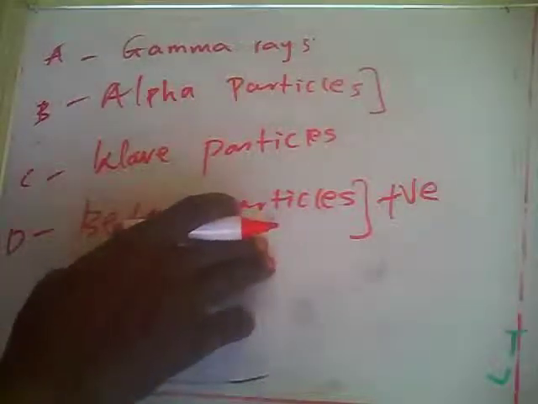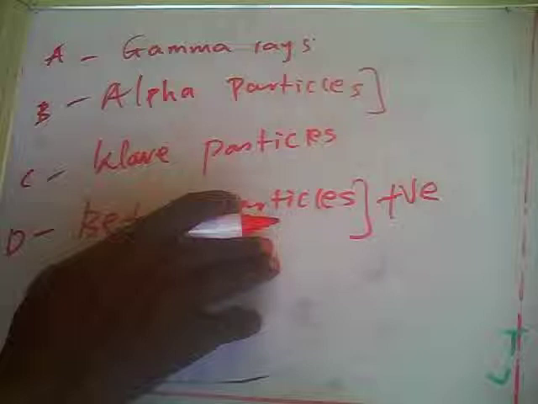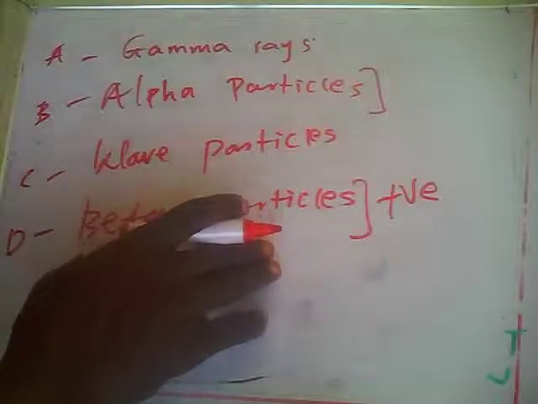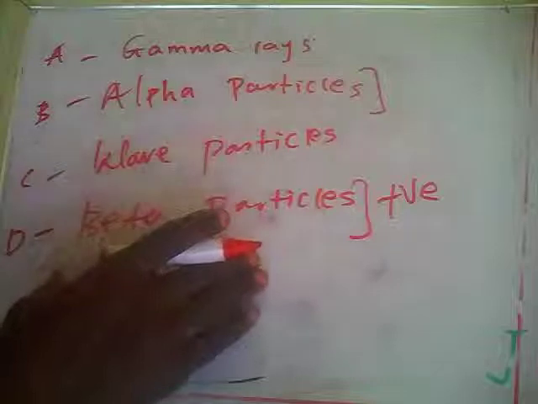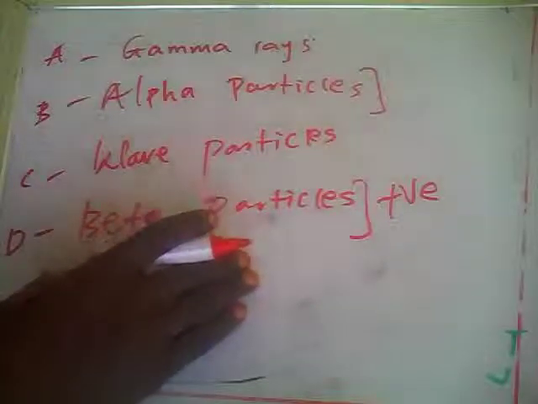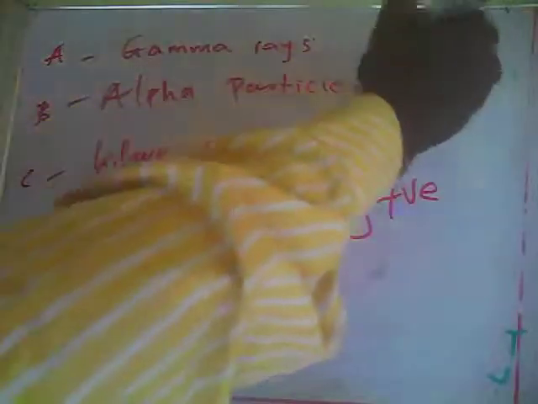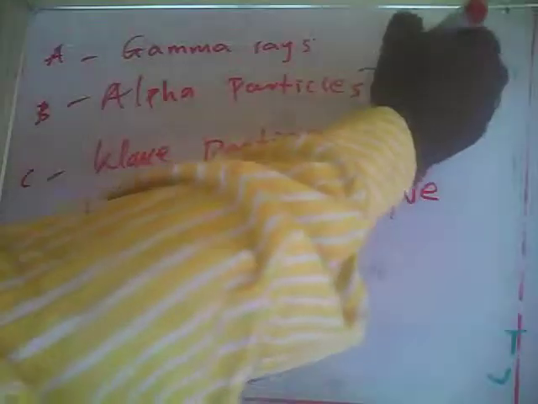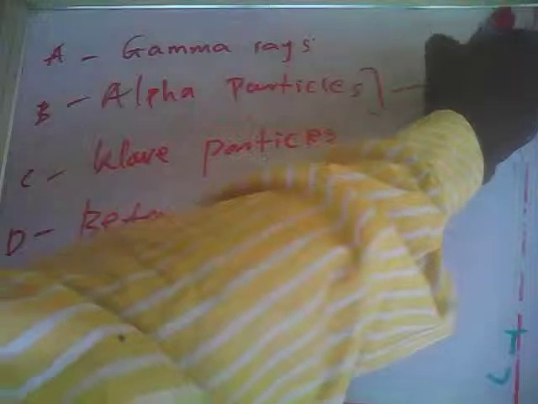Law of charges: unlike charges attract, while like charges repel. So beta particles are negatively charged, therefore they will be attracted towards the positive plate. Alpha particles are positively charged, so they will be deflected towards the negative plate.